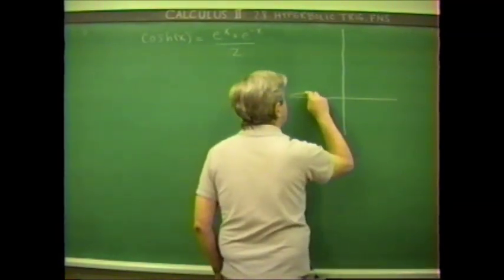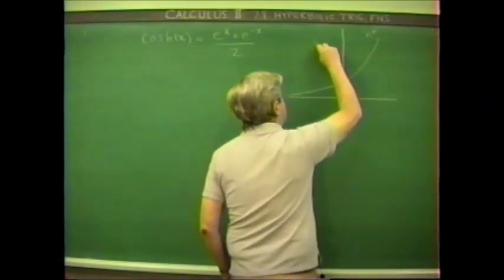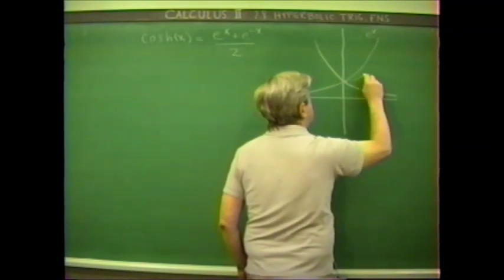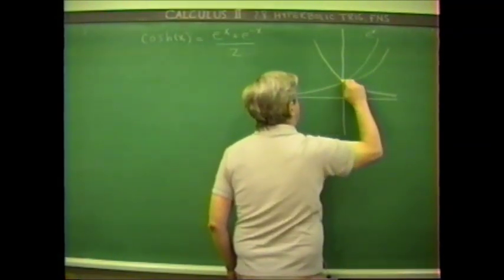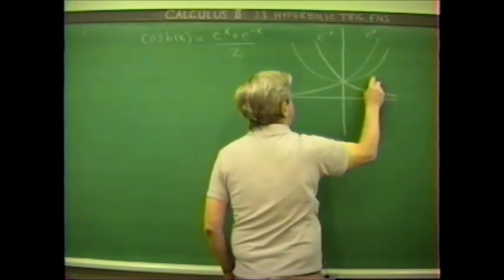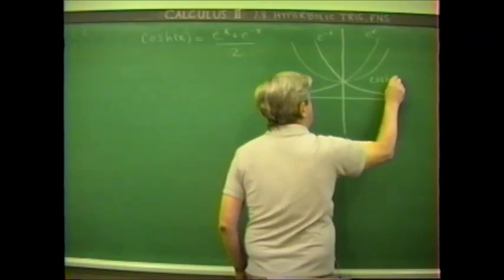And here's e to the x, and here's e to the minus x. Then the average of the two is going to look like so. So here's e to the minus x, and this is the hyperbolic cosine of x right here.